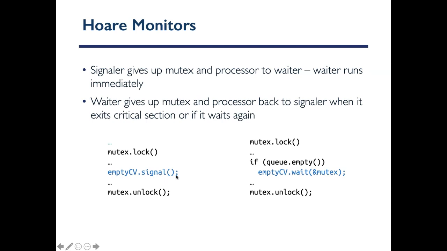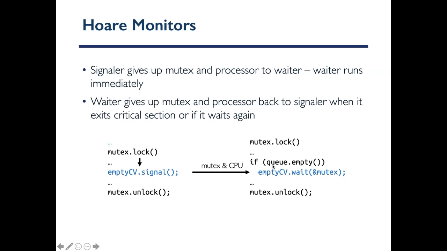The moment it signals, it's going to give the mutex and the CPU to the one who wakes up. So it basically, in an atomic way, releases the mutex and yields the CPU. Let's say we're implementing it on a uniprocessor, and it gives both of them to the one who just woke up.